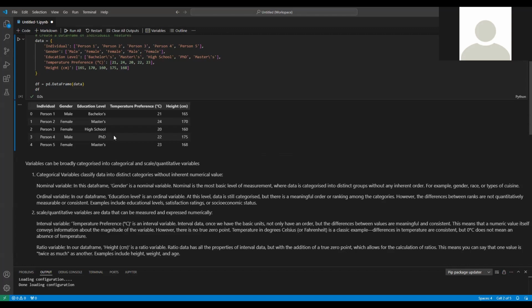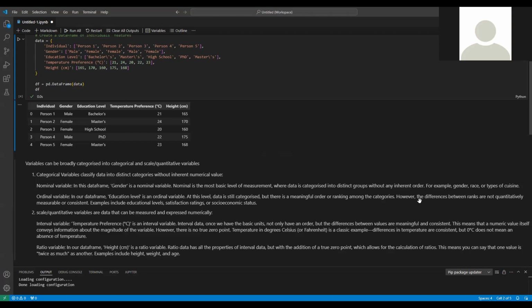For example, PhD is the highest level of education, followed by master's, then bachelor's, high school, and so on. Among those categories there's a meaningful order. These types of categorical variables we call ordinal variables.